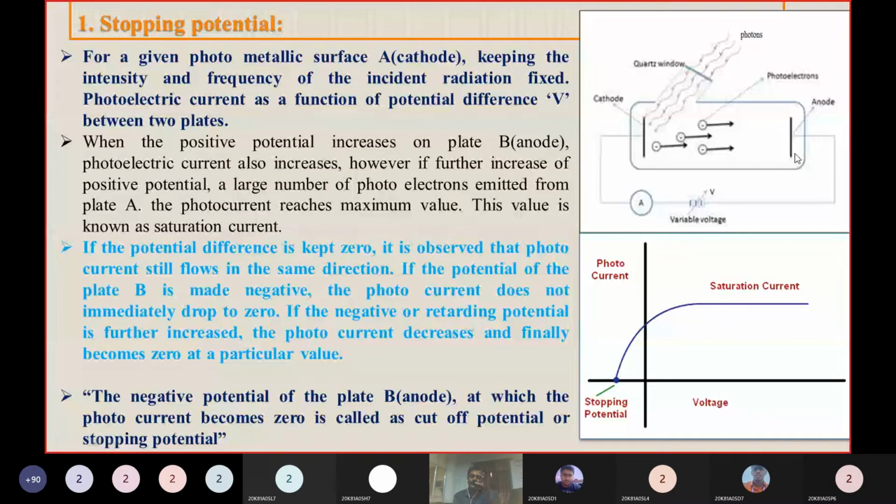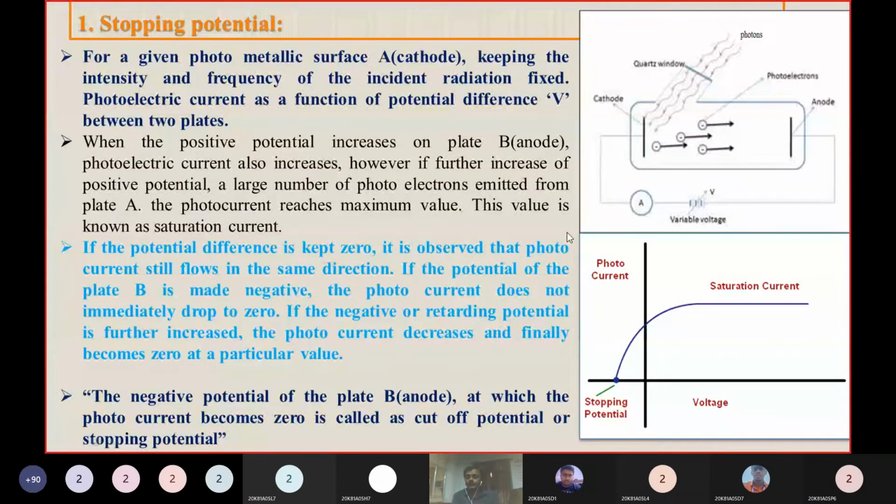If the kinetic energy is greater, it overcomes the potential difference and reaches the plate, but if the kinetic energy is equal or less, the electron doesn't reach the metal plate, the anode or plate B. That's why there is no current passing through the circuit.